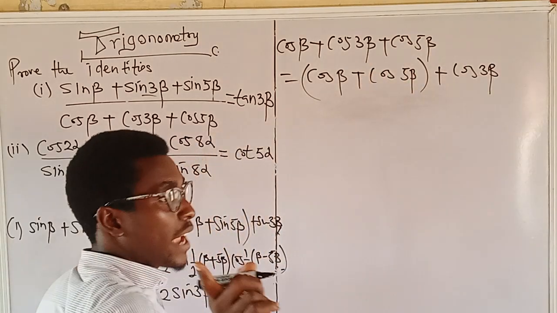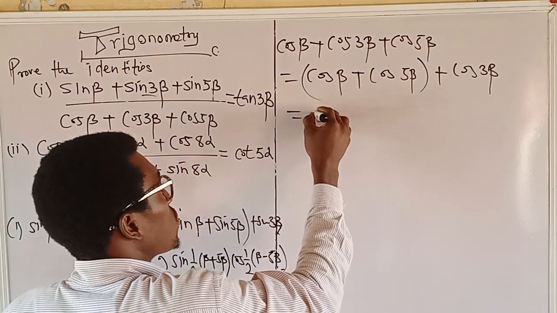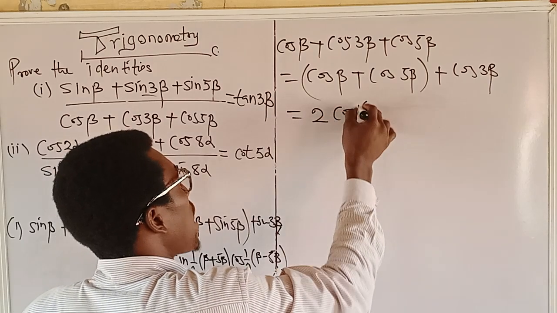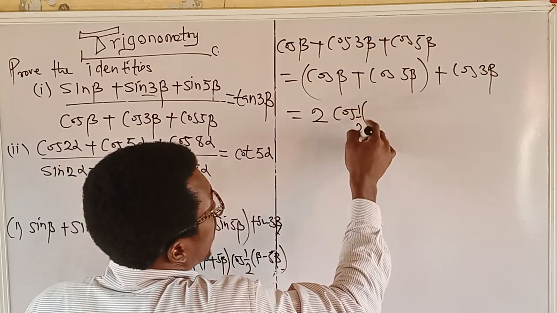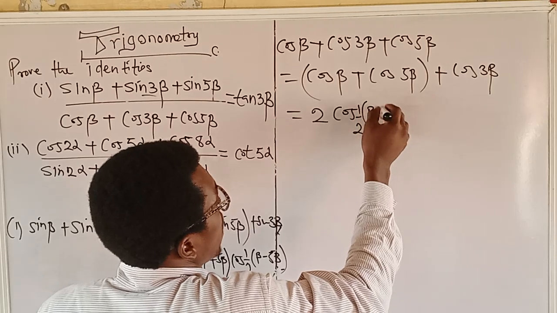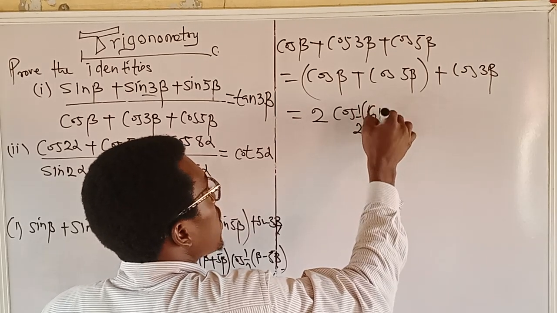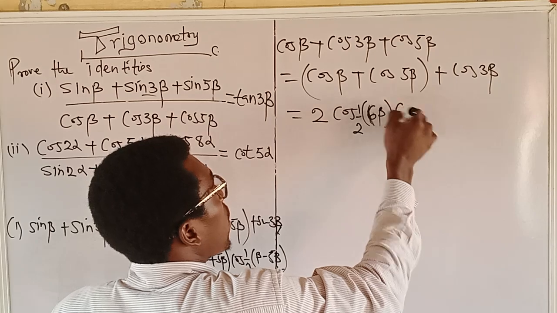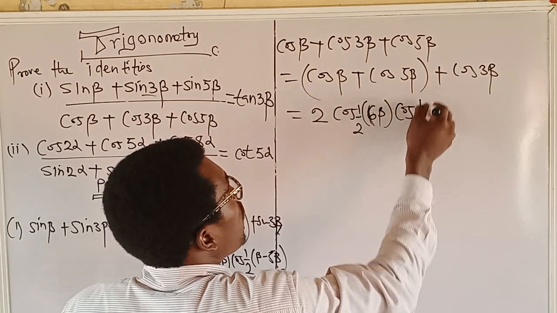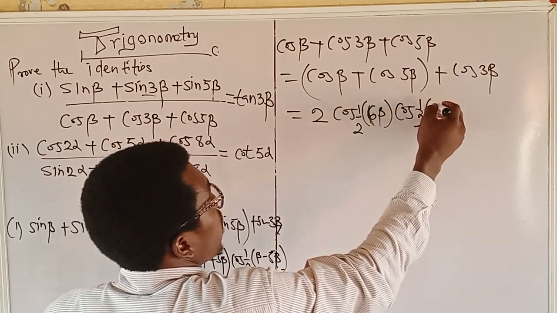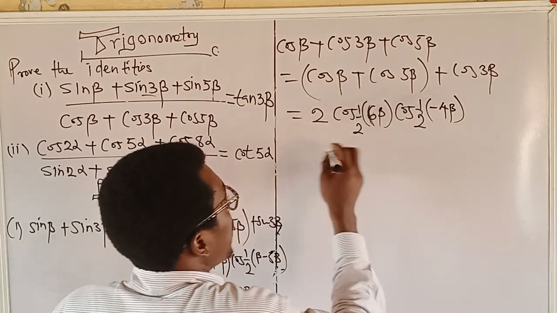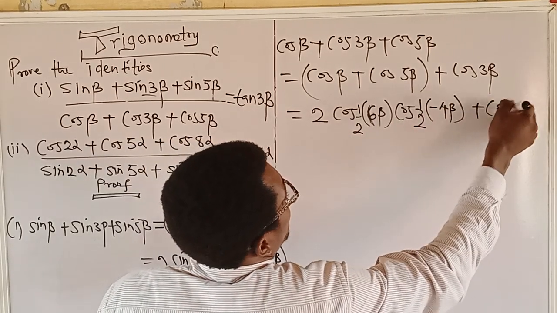Now from that formula I quoted, this can be written as 2 cosine of half of beta plus 5 beta, which is 6 beta. Let me go straight to the point. 6 beta, all right? Then cosine of half of beta minus 5 beta will give me minus 4 beta. And this plus cosine of 3 beta.